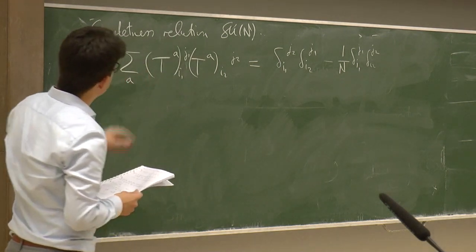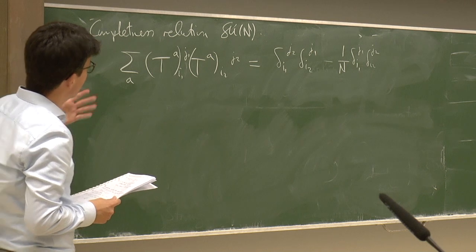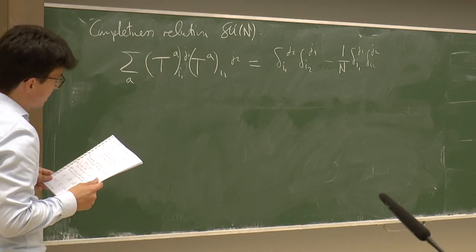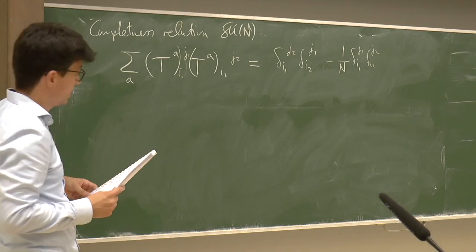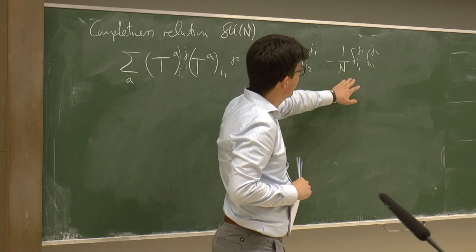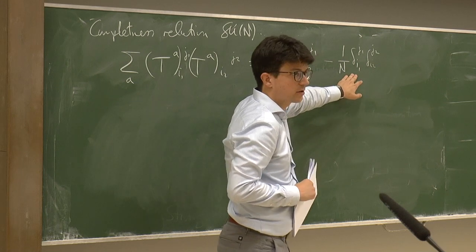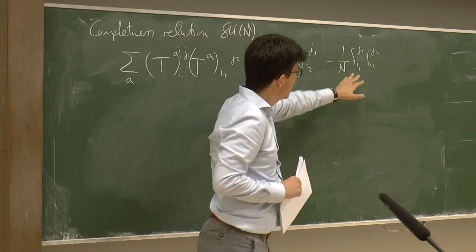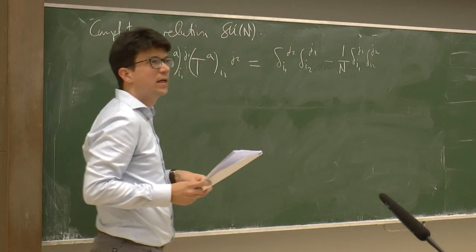So this relation expresses the fact that we have a complete set of traceless Hermitian N by N matrices, and in particular the second term implements the tracelessness condition. So you can check that when you take the trace here, thanks to this term you get 0.